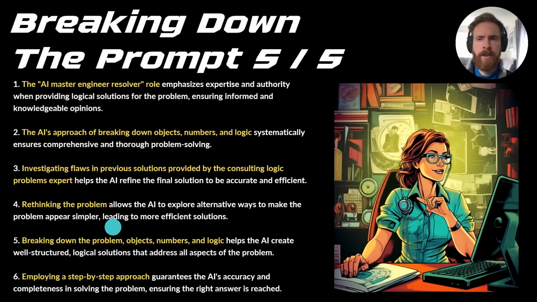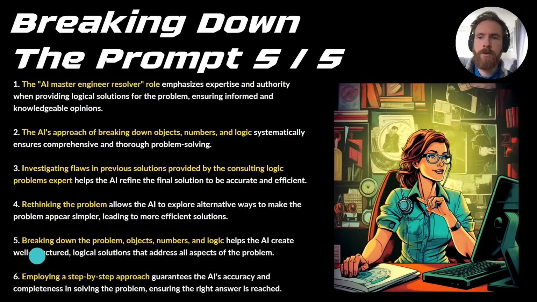And here we go with rethinking the problem. This allows ChatGPT to explore alternative ways to make the problem appear simple, leading to more efficient solutions. This is quite important because we want to rethink the problem again with all the context we have above. Breaking down the problems again, I like to do this twice.